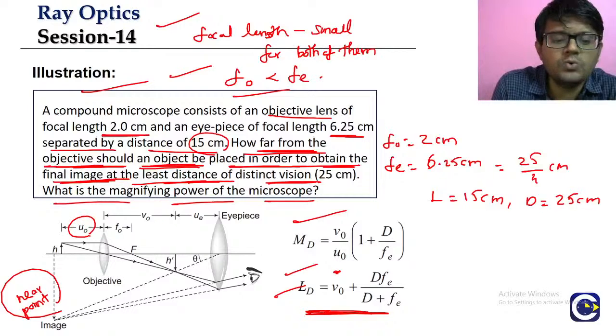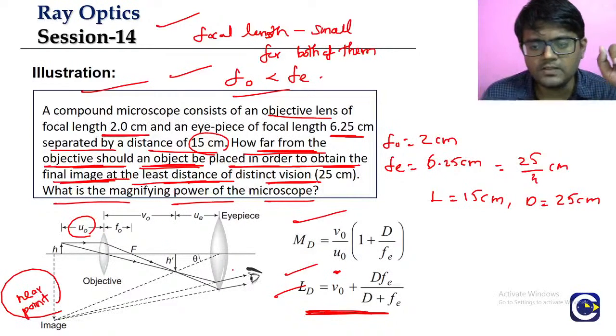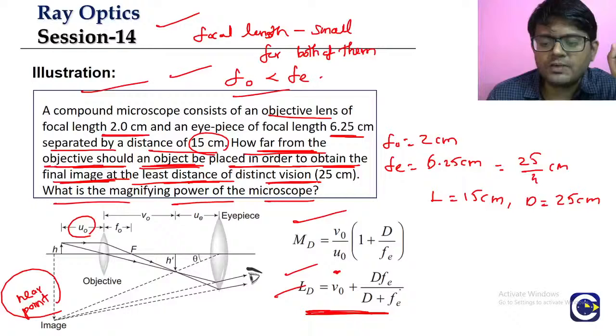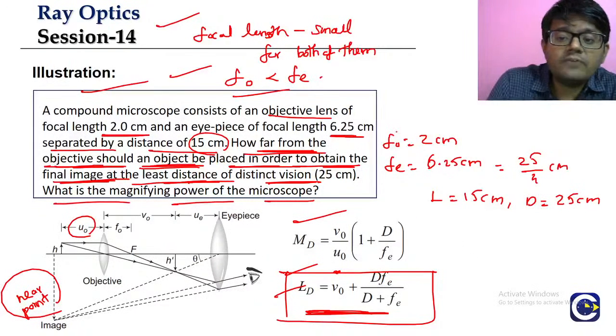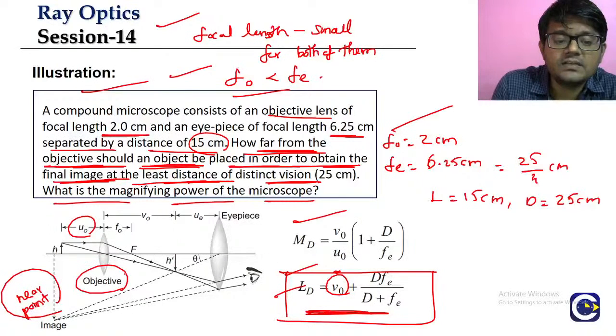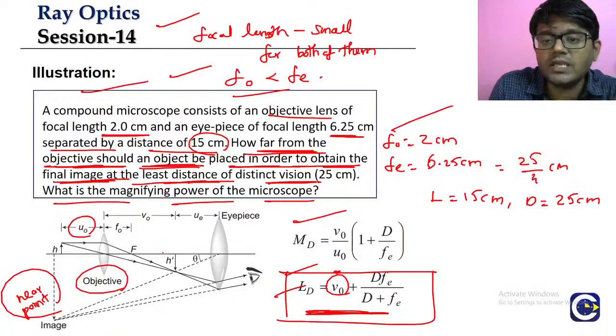Means they're asking the UO value. From this formula let us get the VO. If you get VO, with FO given, you can use the lens equation for the objective.